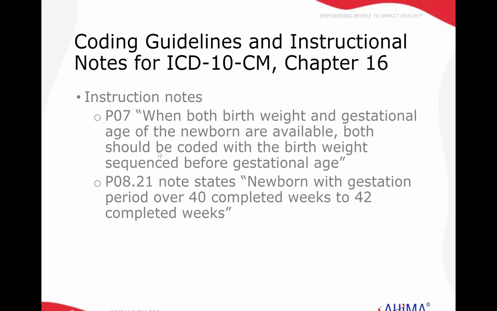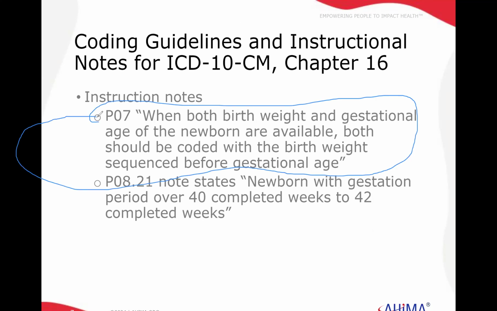P08.21 notes a newborn with a gestational period over 40 weeks to 42 completed weeks. So we have specific guidelines on that, but the big one you want to remember is this one. Birth weight comes before gestational age.